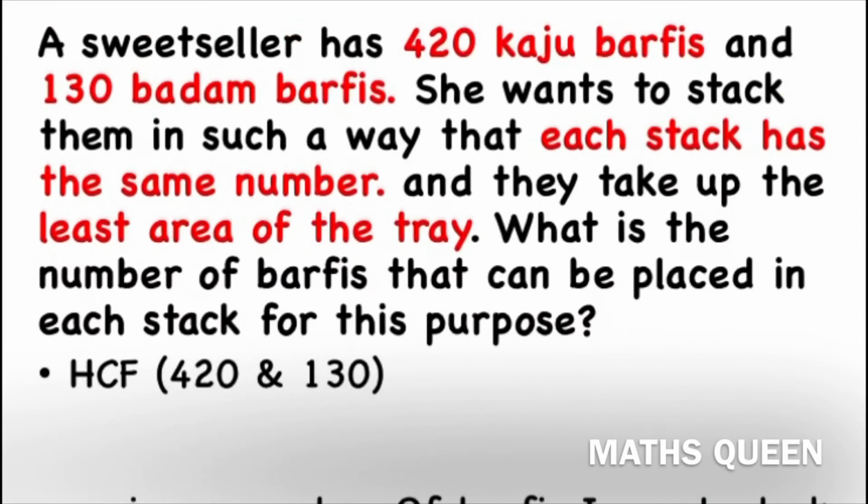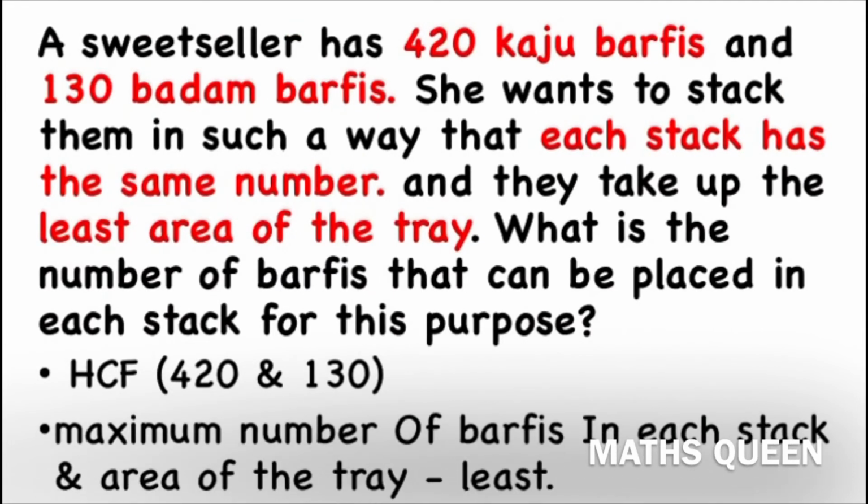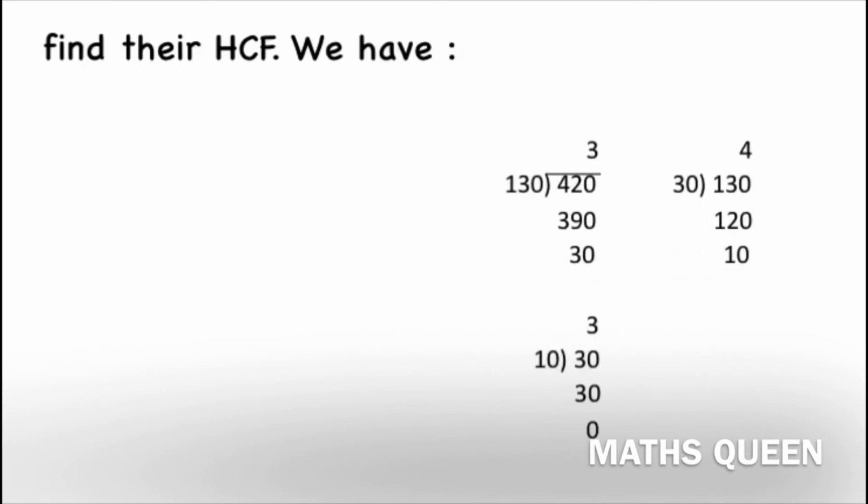So finding the HCF of 420 and 130 gives the number of Barfis in each stack so that the area occupied in the tray will be the least. Let's do the division. 420 divided by 130, we get a quotient 3 and a remainder 30.